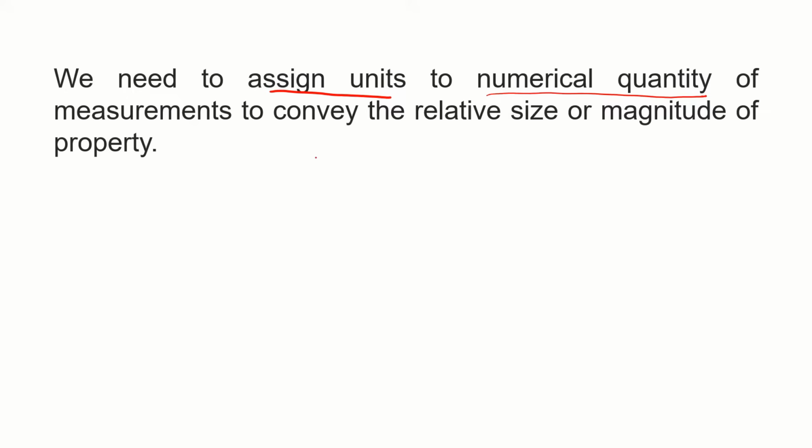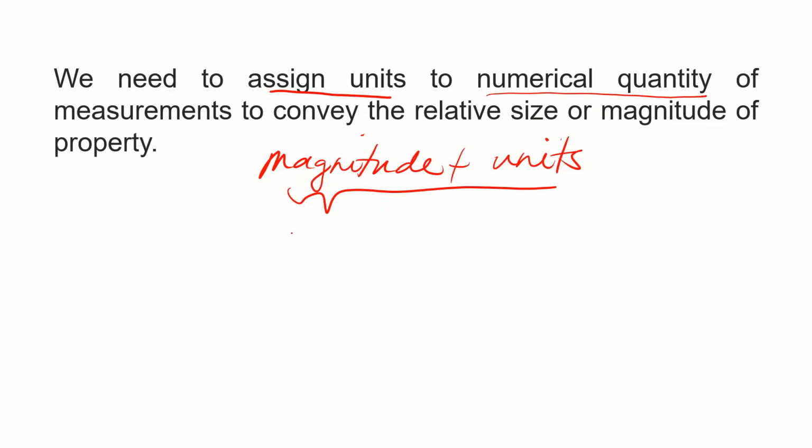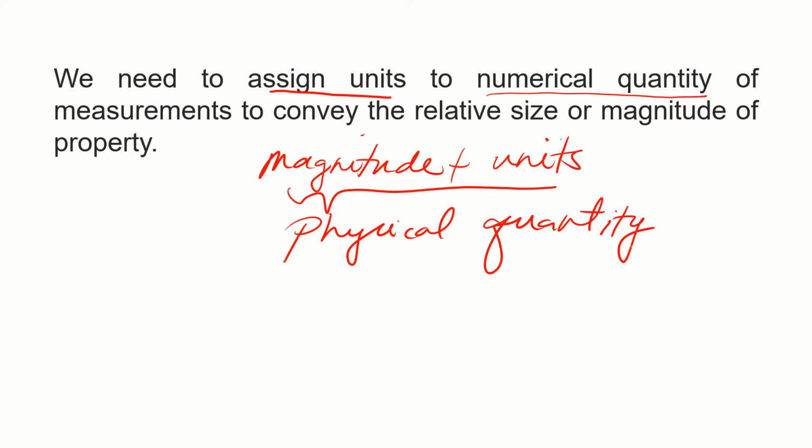So when we incorporate the magnitude or the numerical quantity with the corresponding units, this is now called a physical quantity. Di ba kapag quantity, ibig sabihin yan is referring to a number.